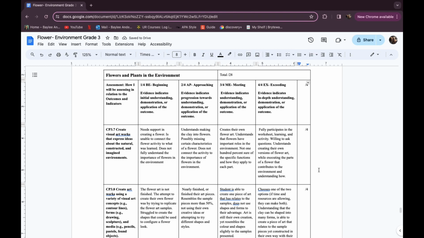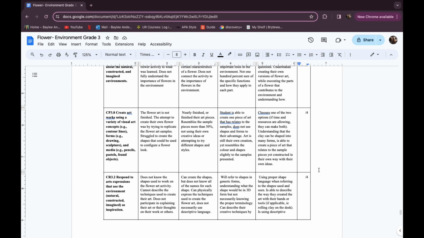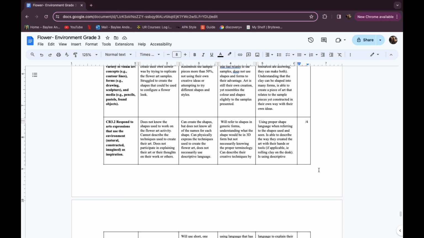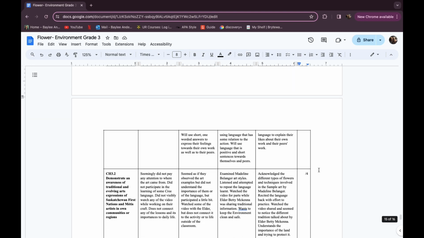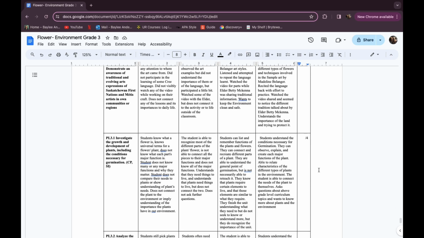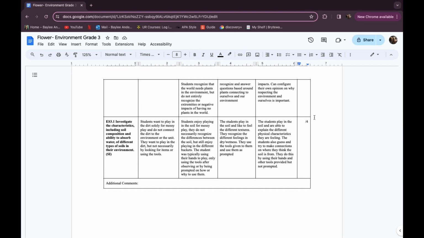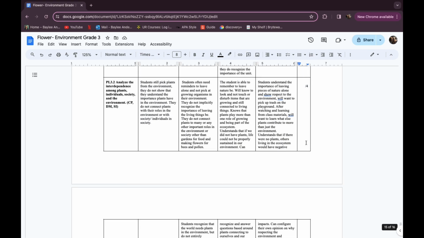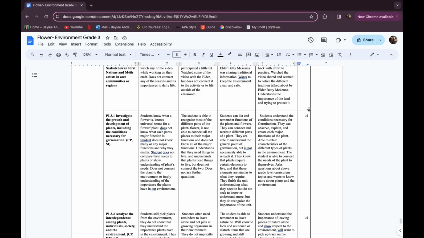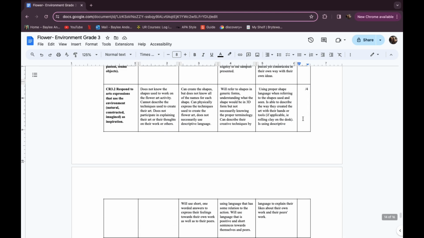I found by using all the outcomes and indicators and then placing how I chose to assess it based off of my 4 categories. Each category will be out of 4 per outcome. The total rubric will be out of 28.